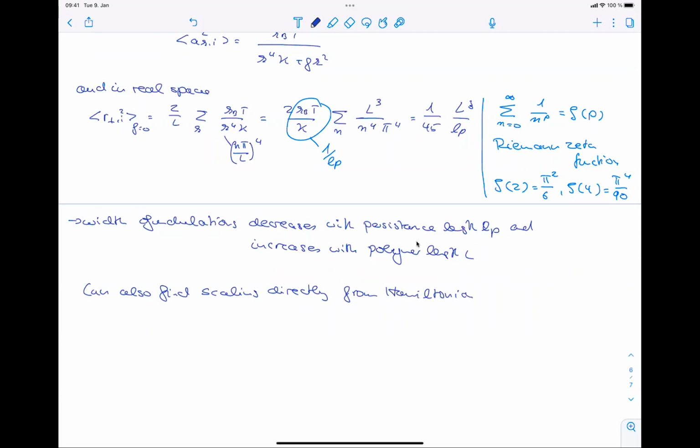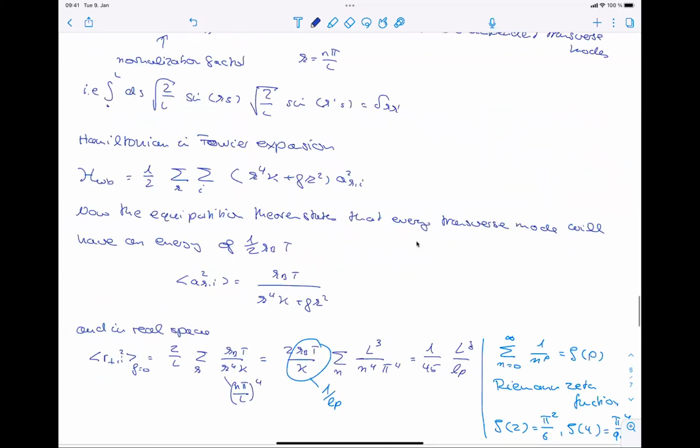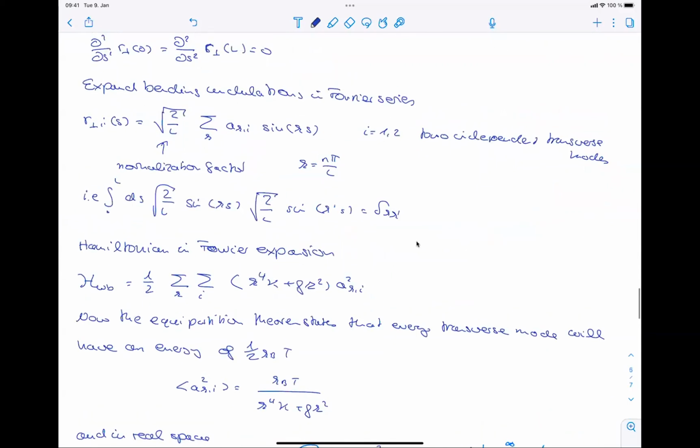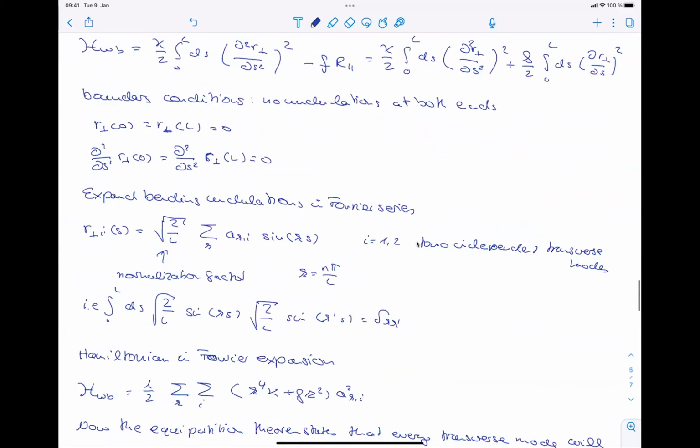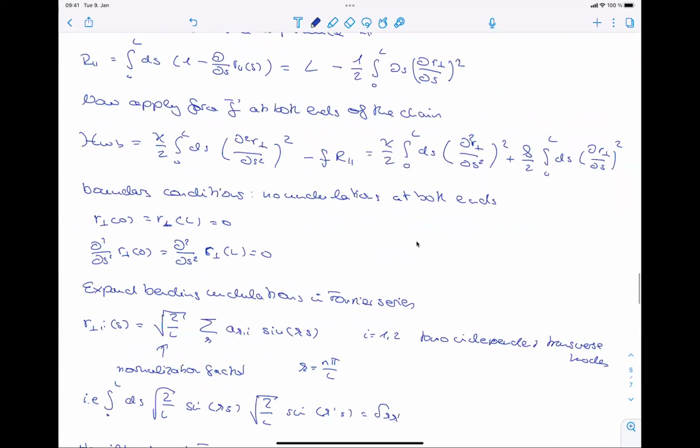Because in the end, what we were comparing was the thermal energy that we put in the system, it's kBT, and it's put into these undulations. And so in thermal equilibrium, there should be the same.